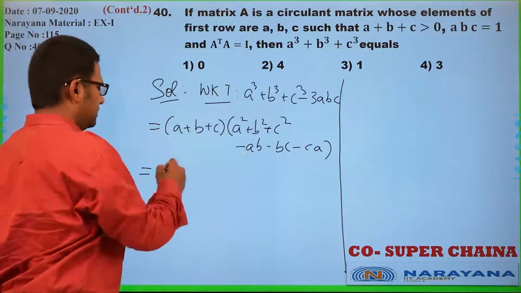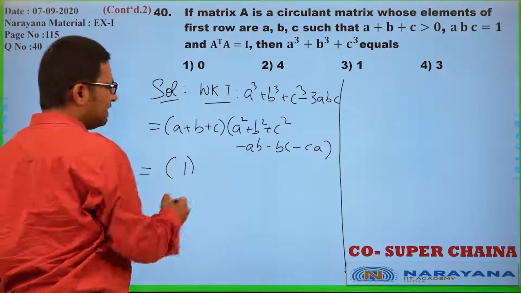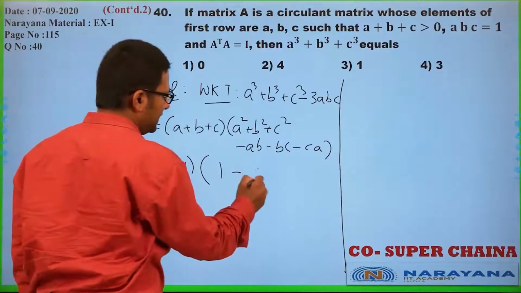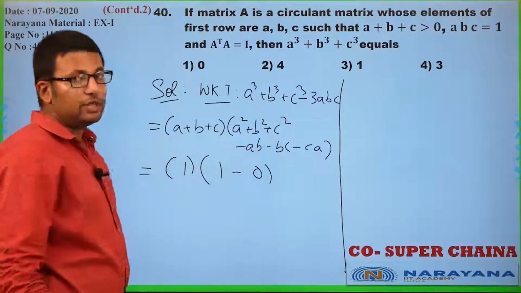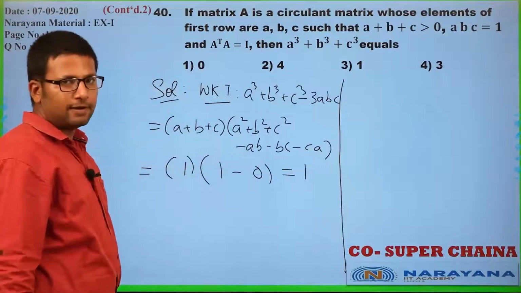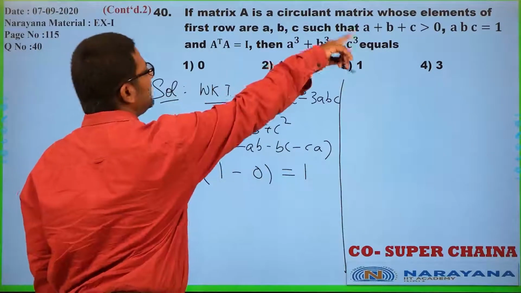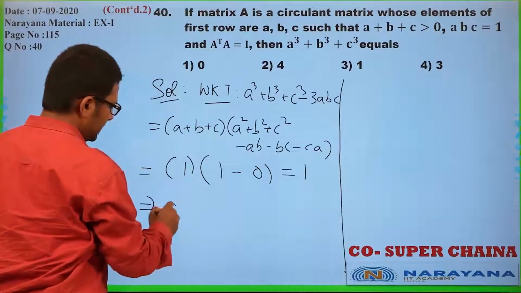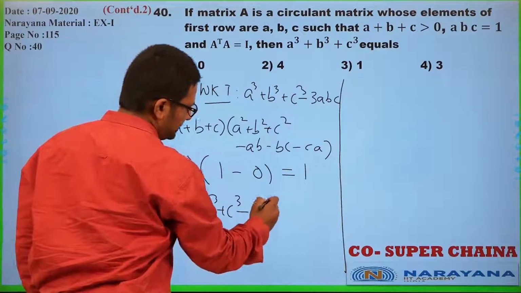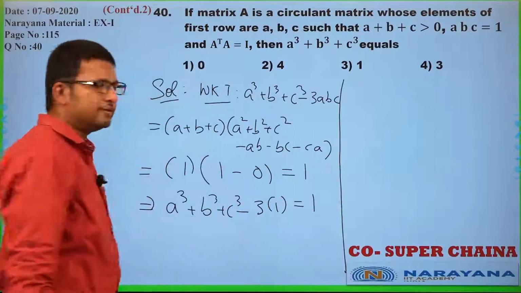So this then simplifies to a plus b plus c, which we have said is 1, a square plus b square plus c square is 1, minus summation ab is 0, correct? So this product becomes 1 only, right? And it is given abc is 1, which means a cube plus b cube plus c cube minus 3 into 1 is equal to 1, correct?